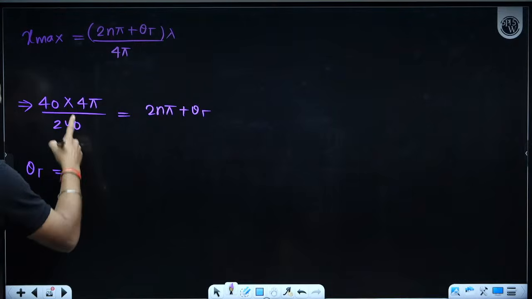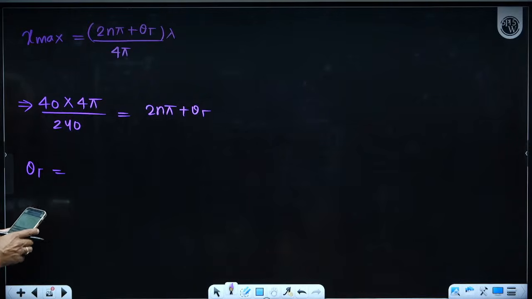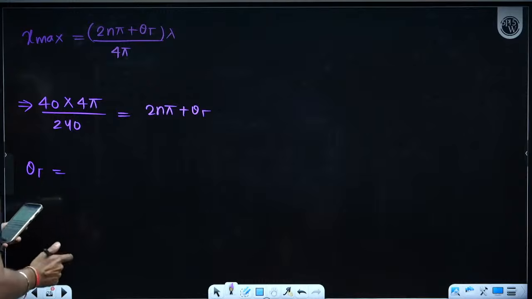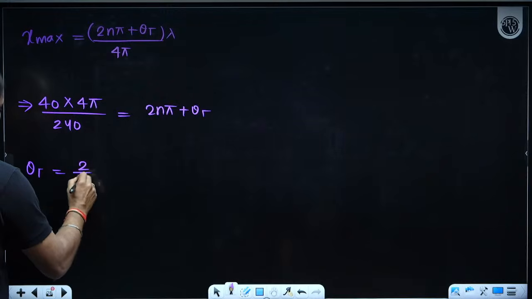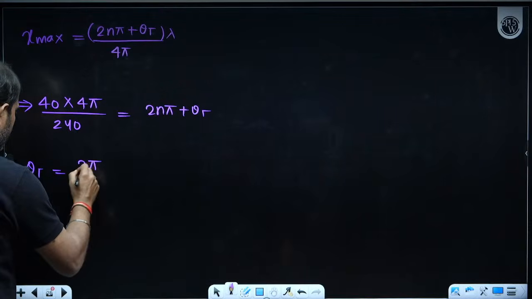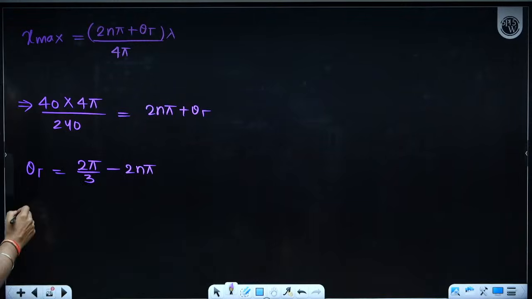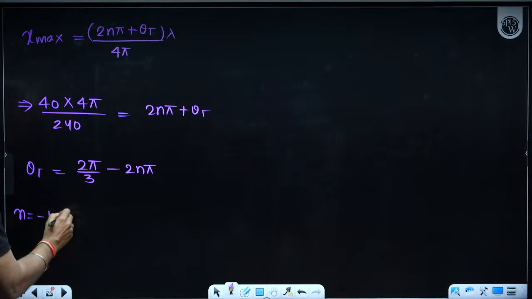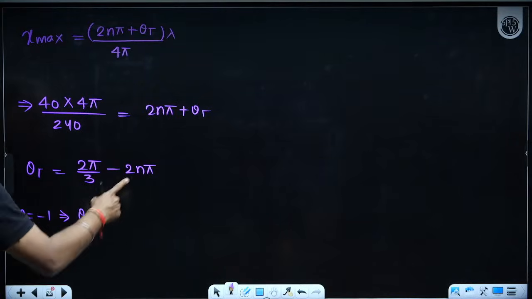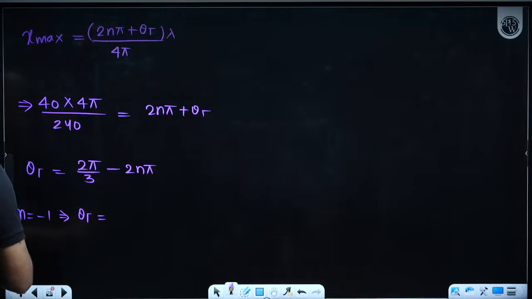Theta gamma is 160 divided by 240, so it will be 2 pi by 3 minus 2n pi. So n is equal to minus 1. Theta gamma is equal to 2 pi by 3 minus 2 pi, so minus 4 pi by 3.